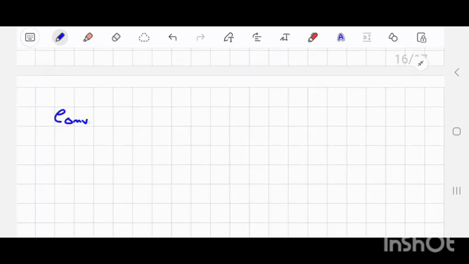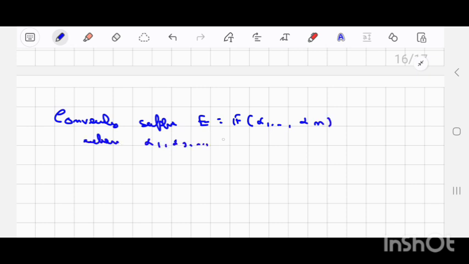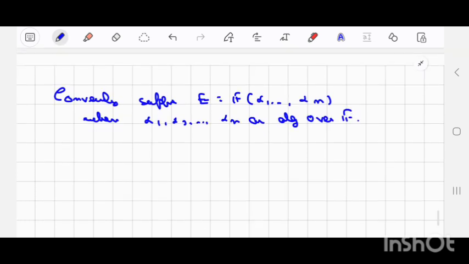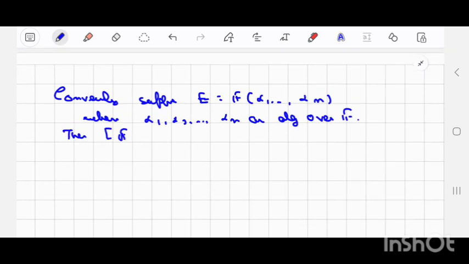Conversely, suppose E is generated by some finite number of algebraic elements, as we had claimed in the hypothesis, where each alpha 1, alpha 2 till alpha n are algebraic over F. Then F(alpha 1) over F is finite because alpha 1 is algebraic over F, right? Therefore F(alpha 1, alpha 2) over F(alpha 1) is also finite by the same argument.